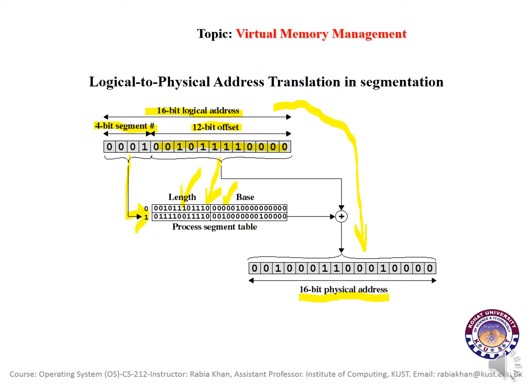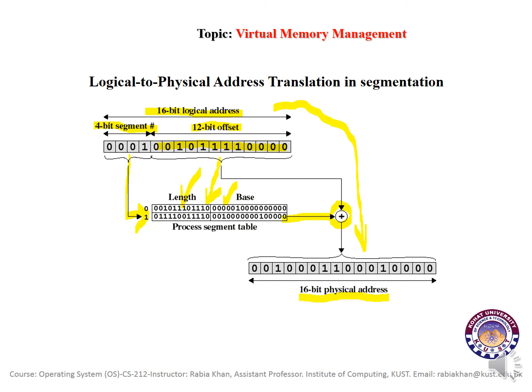So this offset is added with the starting physical address of the segment, that means it is added with the base address or the contents of the base register, to get the physical address of a single instruction.